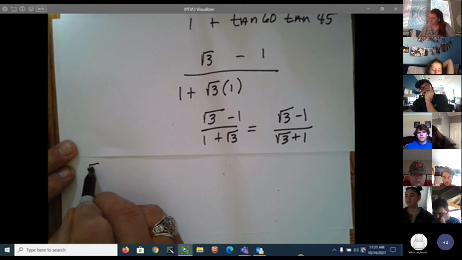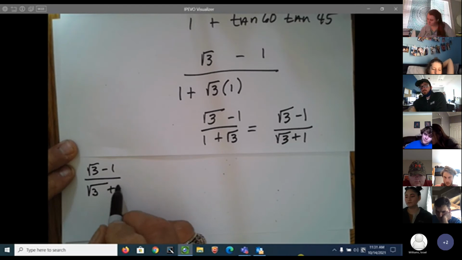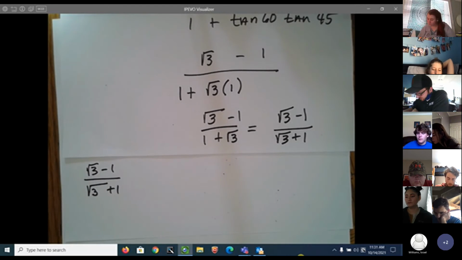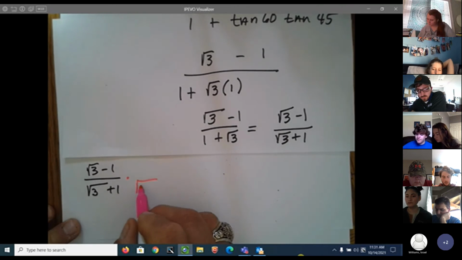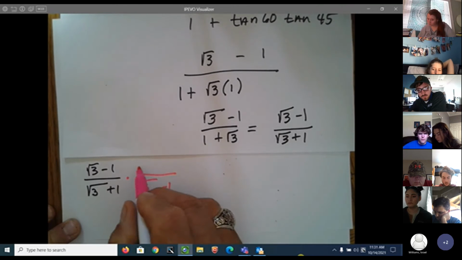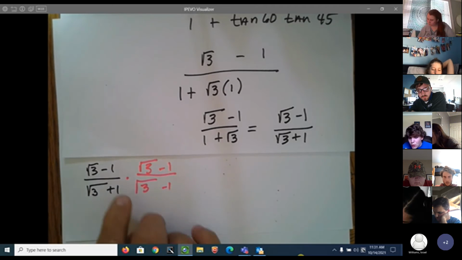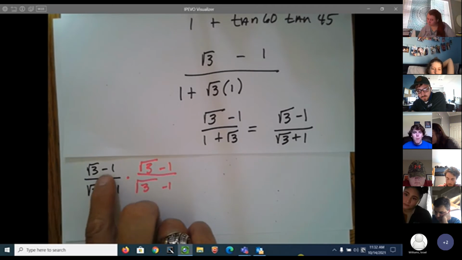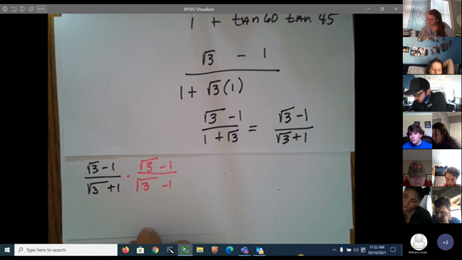So the square root of 3 minus 1 over the square root of 3 plus 1. I'm going to multiply by the conjugate. Square root of 3 minus 1, square root of 3 minus 1. And that's going to give us shortcut number 2 on the top and shortcut number 3 on the bottom. Now I'm going to put a baby step in here for y'all.